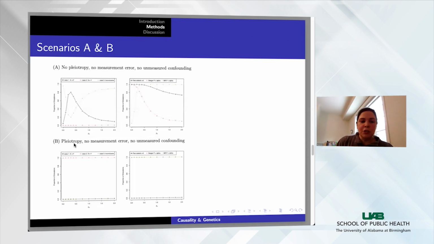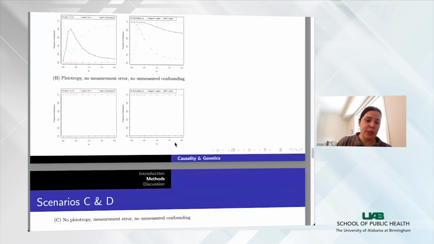Now if we introduce B, so we have pleiotropy, no measurement error, and no unmeasured confounding, all of a sudden the MR-Steiger approach is inferring the wrong effect direction. It's now saying that Y causes X, when in fact it was generated such that X causes Y. We see very consistently that the wrong effect is being detected, and that's because, as we can see here, we're getting the wrong effect from our Steiger z-test.